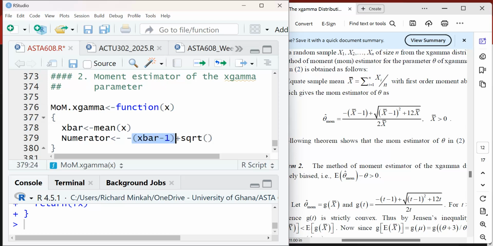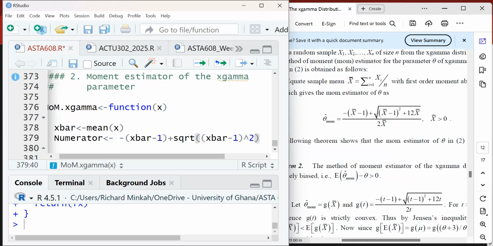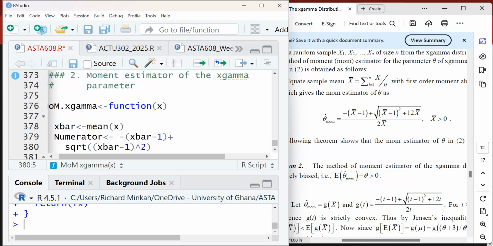I've already written S bar minus 1, so I'll copy it to make it easier for you. Plus 12 times S bar. So that's the numerator.